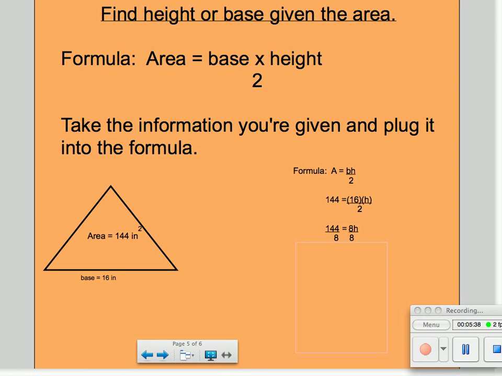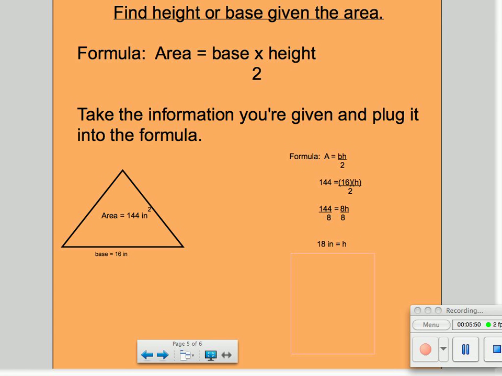So I've got 144 equals 8h, and then of course you need to isolate your variable, so I'm dividing each side by 8, and when I do that, I find out that the height of that triangle is 18 inches. So we just used the area formula, but not to find area, it was to find a missing length. Okay, in this case it was the height. So using the area formula can be used in different ways, and that's very powerful, and you need to know how to do that. Let's try a couple more examples and then we'll be done.